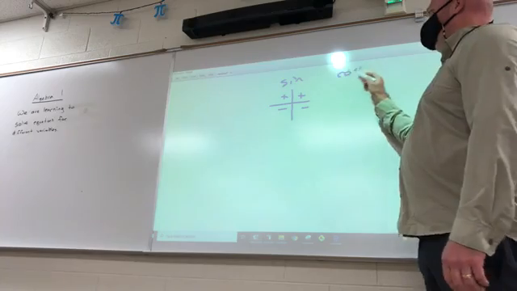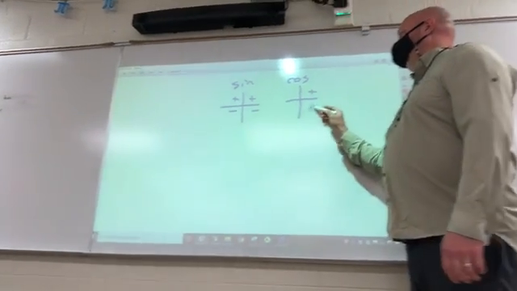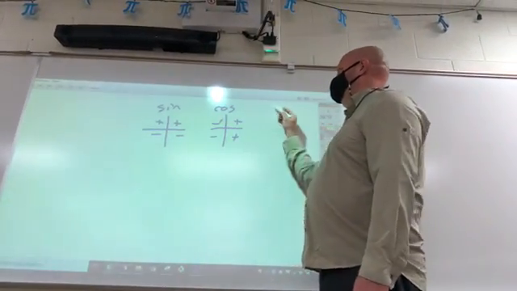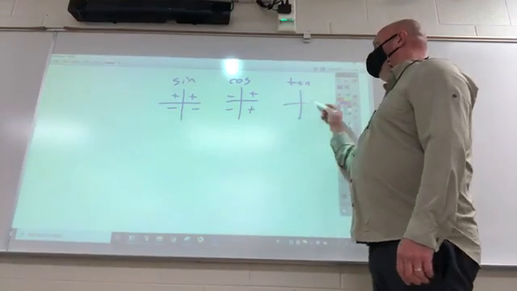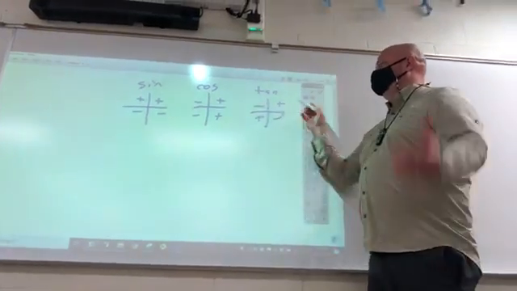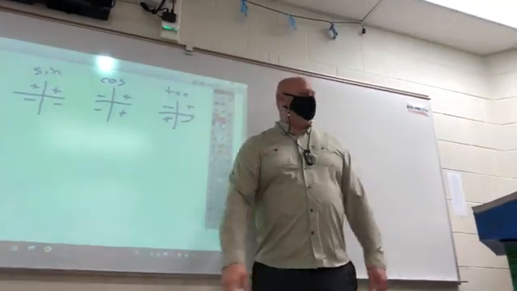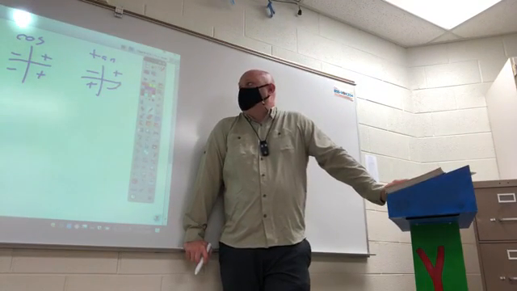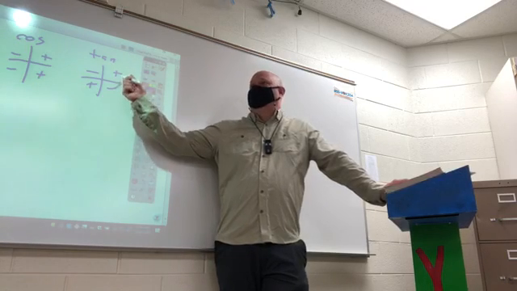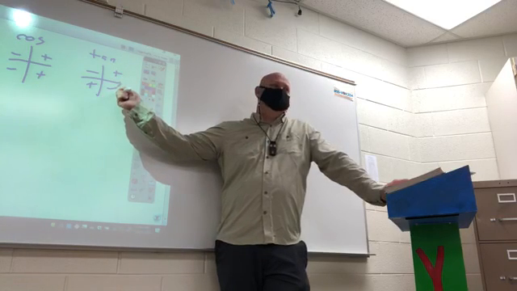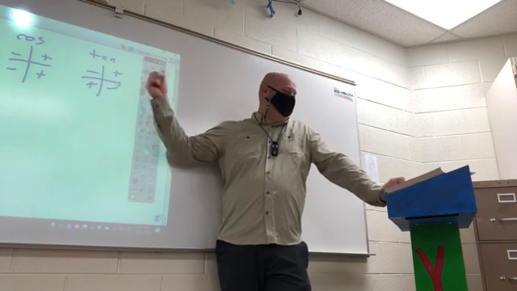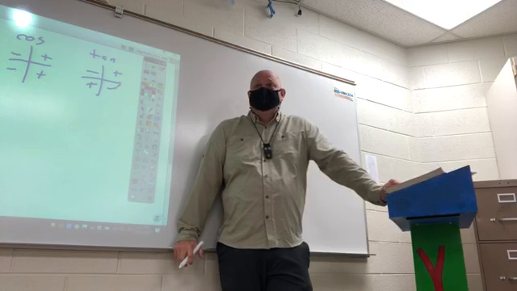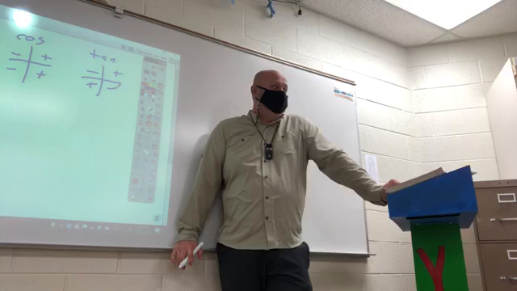When is cosine positive? Right 2. And tangent is first and third. So when are sine and tangent the same? First quadrant and fourth quadrant. They're both positive here. They're both negative here. Make sense? So there will be questions about quadrants as far as positive or negative.